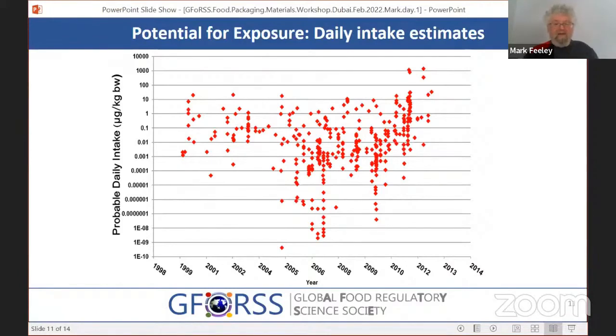And as I mentioned, there's a huge difference in potential migration of chemicals, which would result in exposure estimations all the way from femtogram per kilogram body weight per day up to milligram per kilogram body weight per day. So by the time you get up to milligram quantities of a chemical in food, you're almost seeing intake estimations that are approximate to food additives.